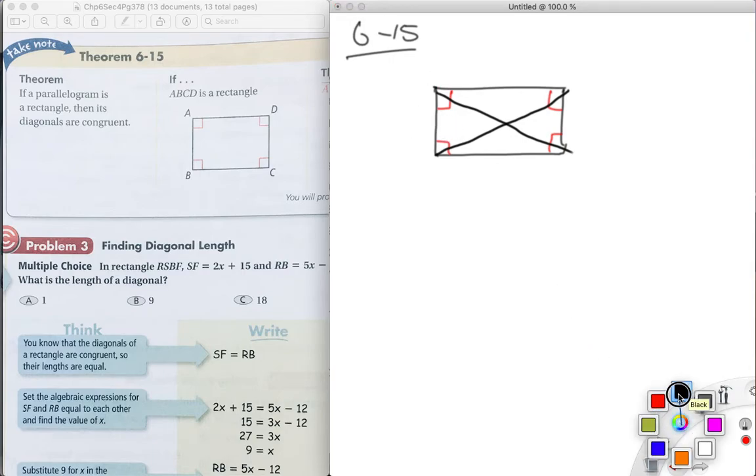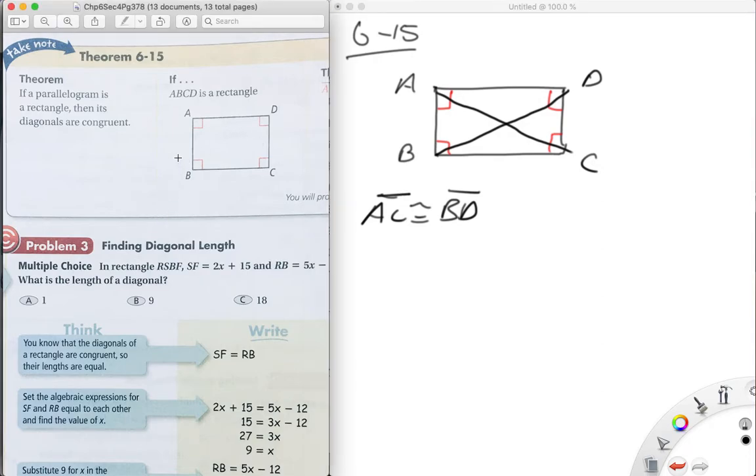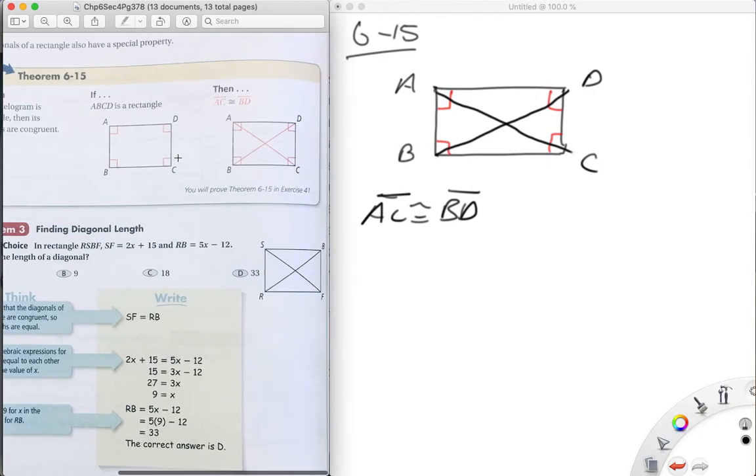So I have A, B, C, D. Diagonal AC is congruent to diagonal BD. Okay, so that's 6.15.